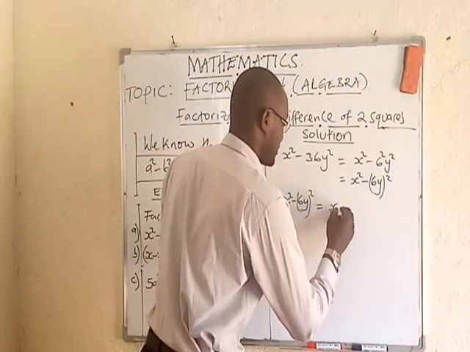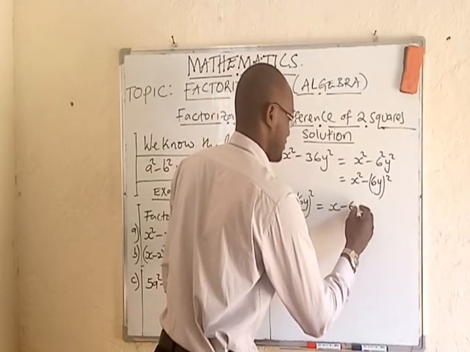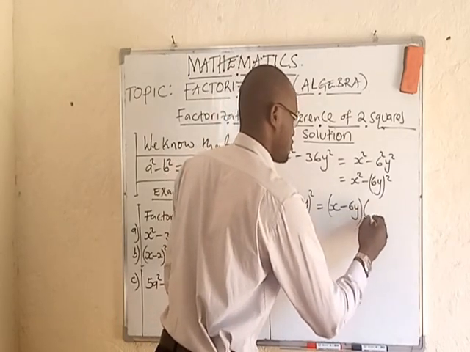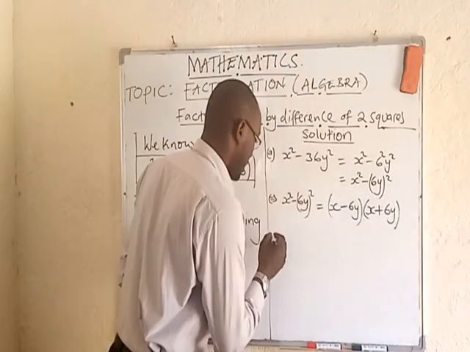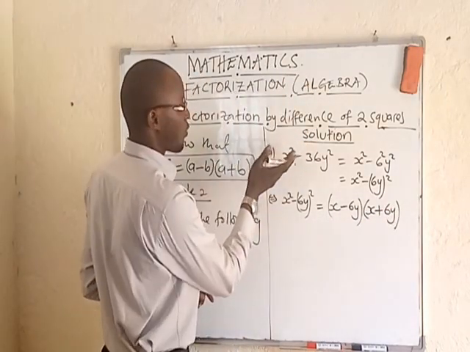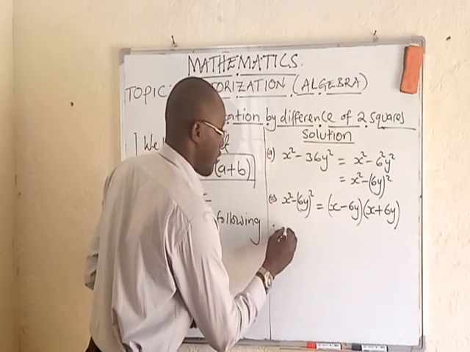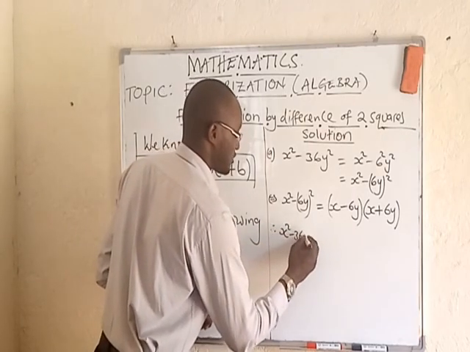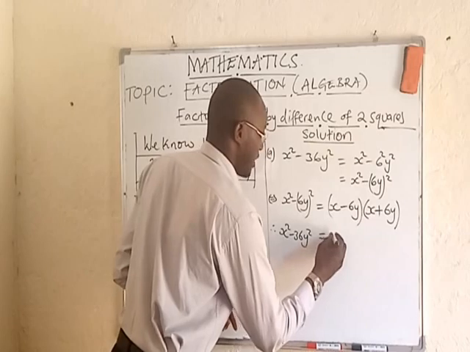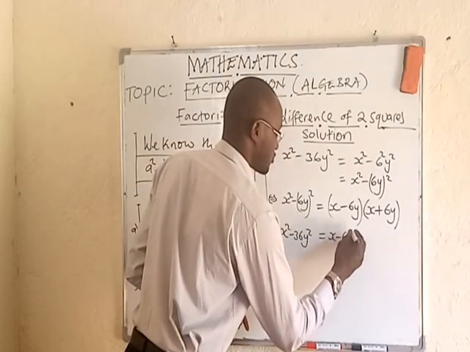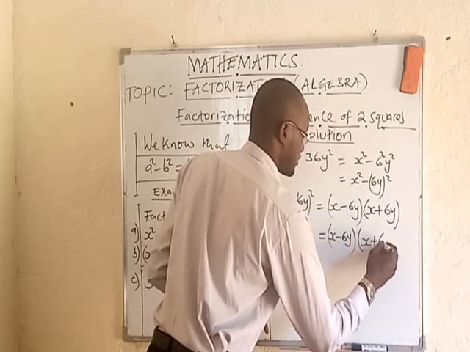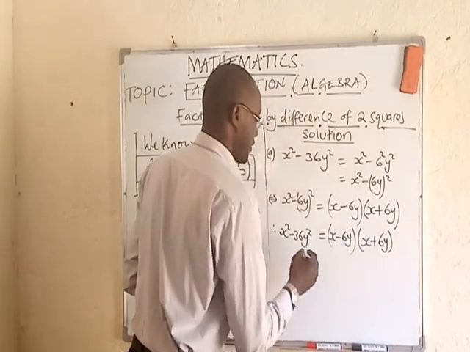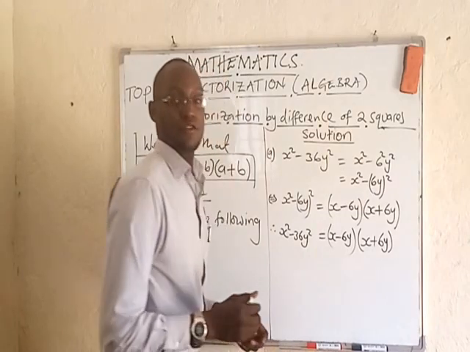That is x minus 6y, good, into x plus 6y. So therefore, the whole original expression, our x squared minus 36y squared, is the same as x minus 6y brackets into x plus 6y. So that is our solution.